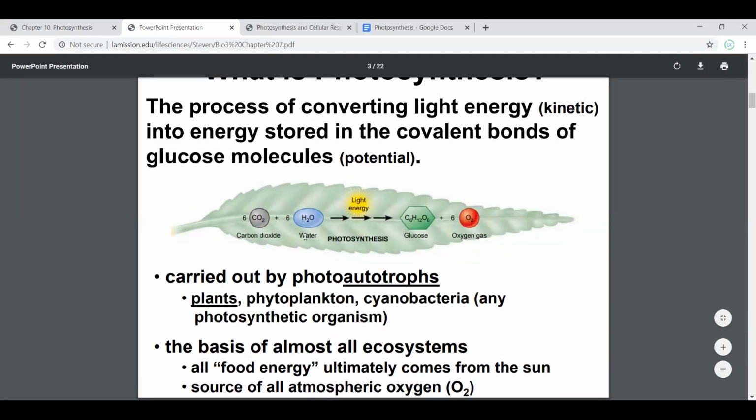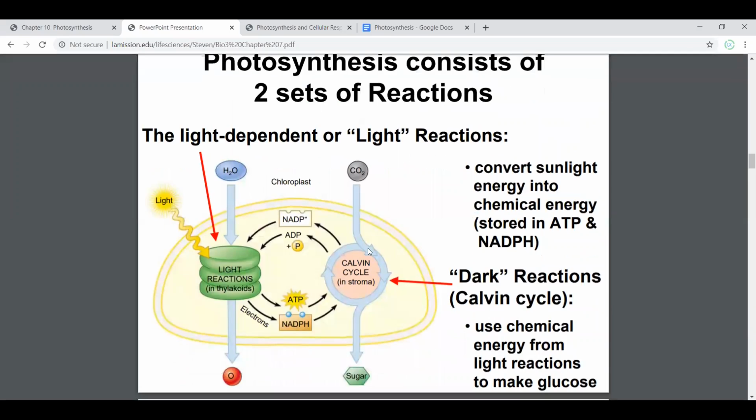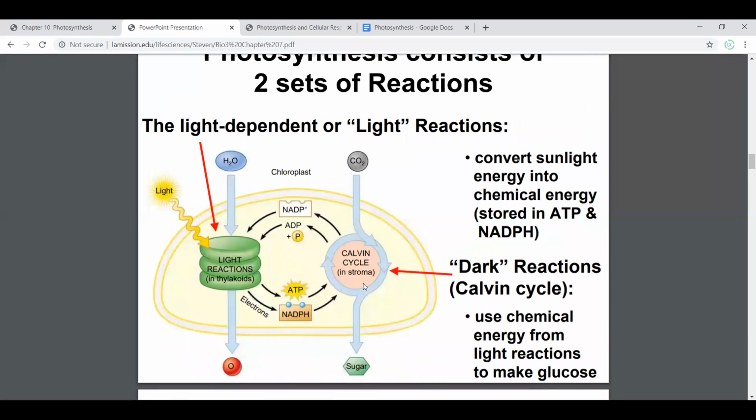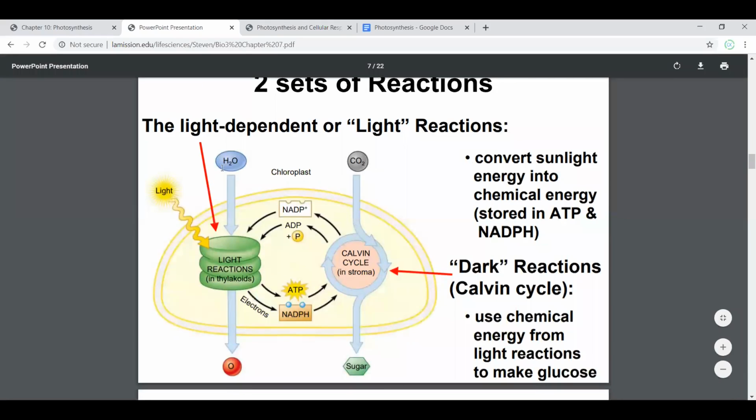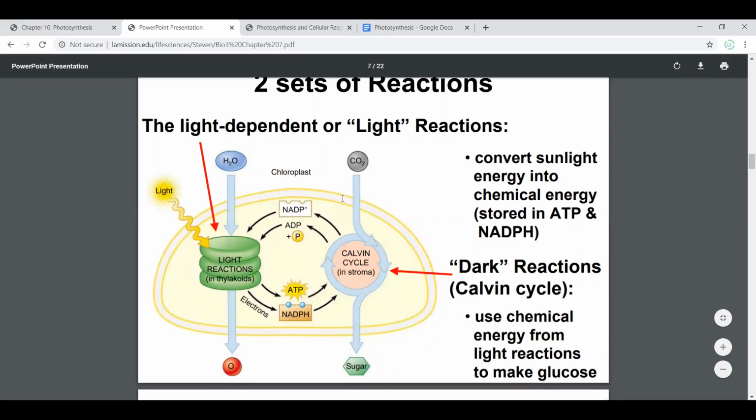A lot of people like to ask that as a question, where does the oxygen gas come from? It always comes from the water. Okay. Then we have the Calvin cycle. The Calvin cycle is what takes in the carbon dioxide and produces the sugars. Similar to how water only produces oxygen, carbon dioxide only produces sugars. Carbon dioxide is not involved with the creation of oxygen, and water is not involved with the creation of sugars.